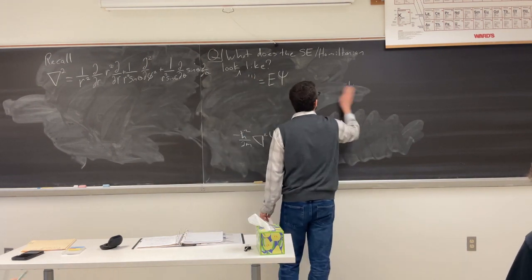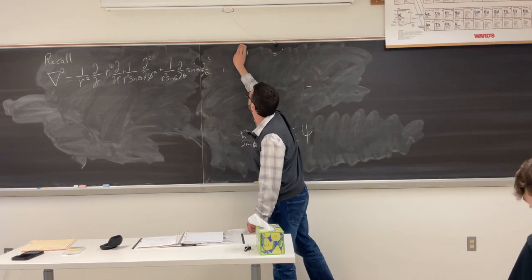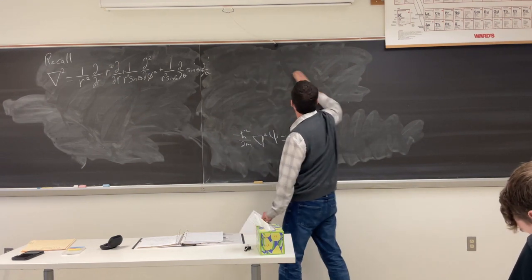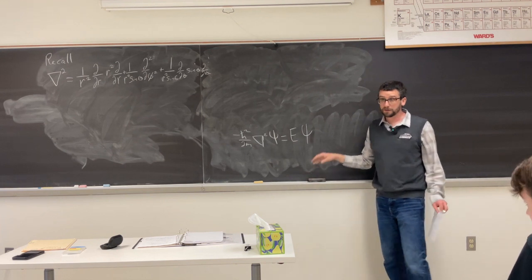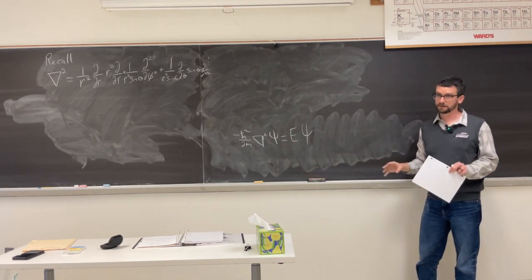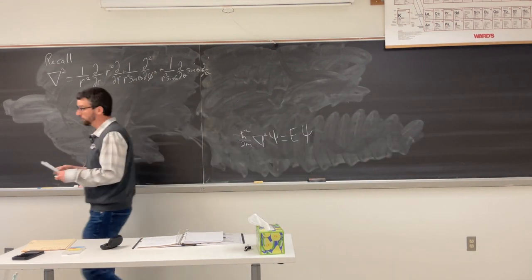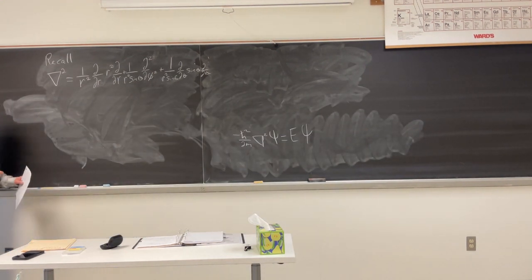I'll erase some of this to make it look a little better. Okay. This is for any spherical polar coordinate system. Can we simplify this for our model?